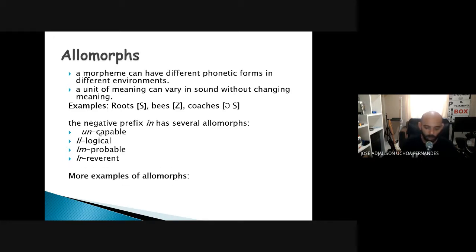So these 1, 2, 3, 4, 5 different phonetic and graphic realizations are, in fact, from the perspective of morphology, the same morpheme, manifested in different graphical and phonetic forms, but playing the same morphological role of producing the idea of opposition.